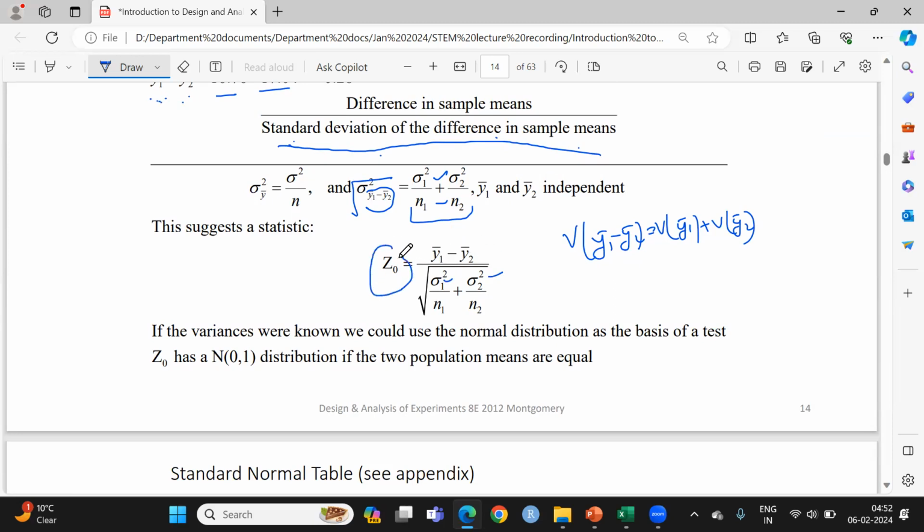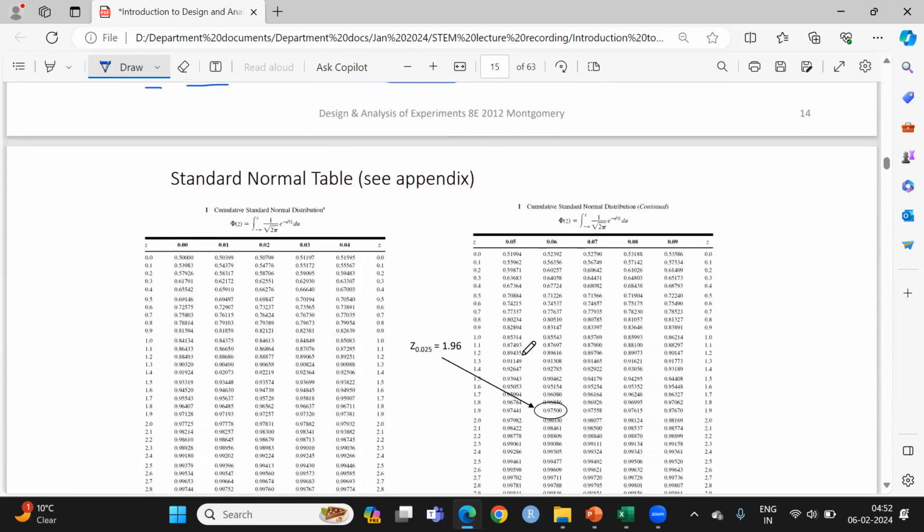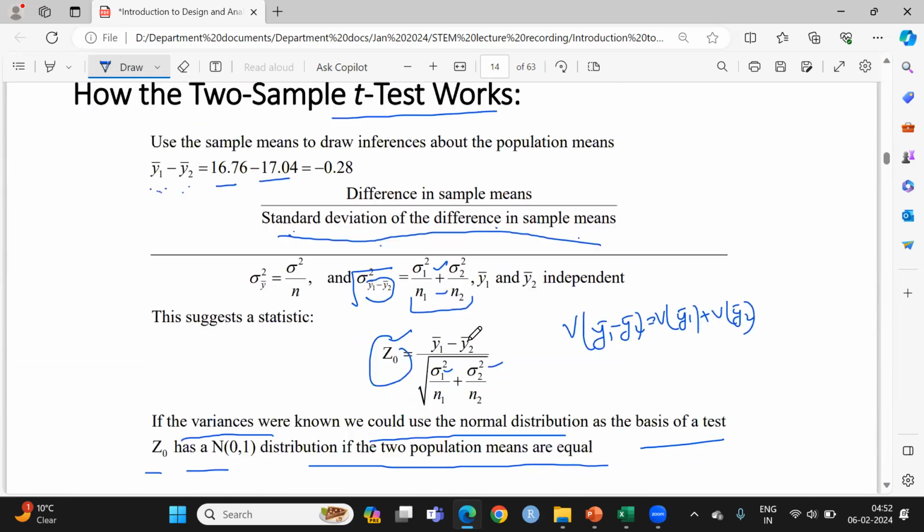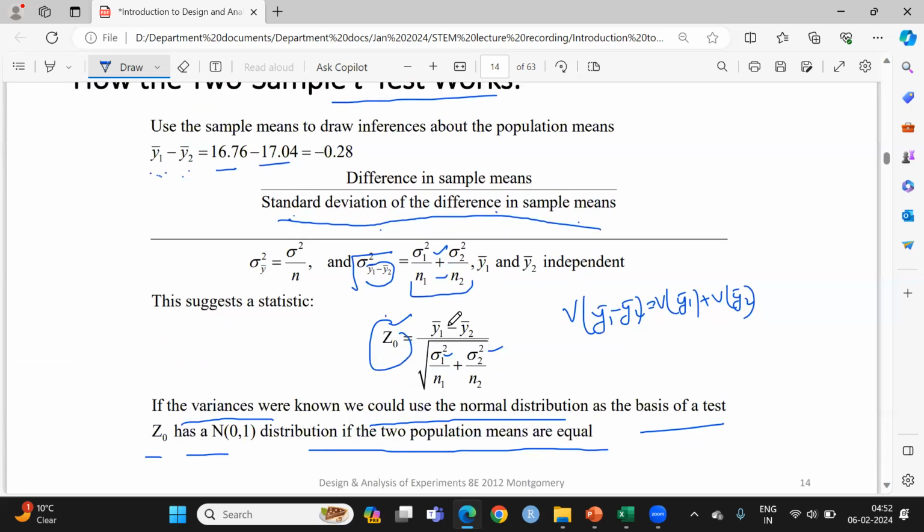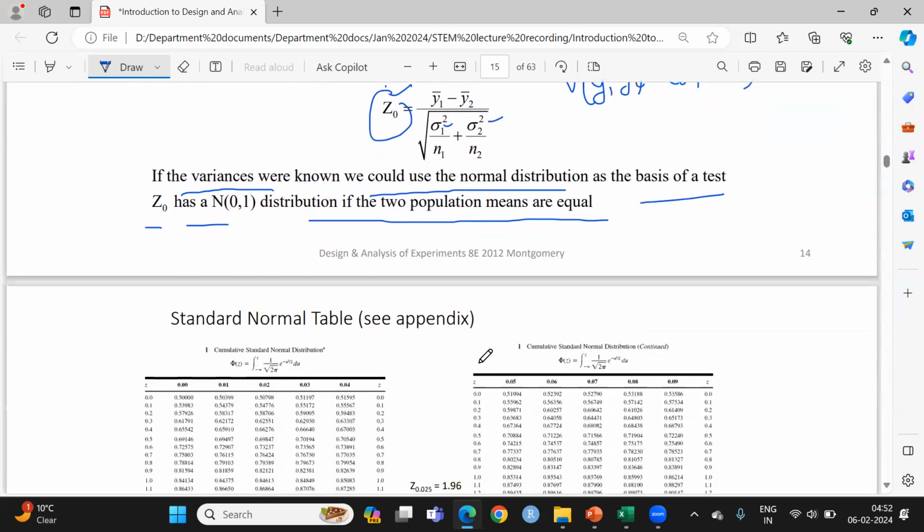Then we go with the Z test, as already explained to you. If the variance were known, we could use the normal distribution as the basis of the test Z naught, that for normal distribution 0, 1, if the two population means are equal. So we derive the value of Z naught by using this formula only when the values of the sigma squares are known to us. Okay, as already explained to you.